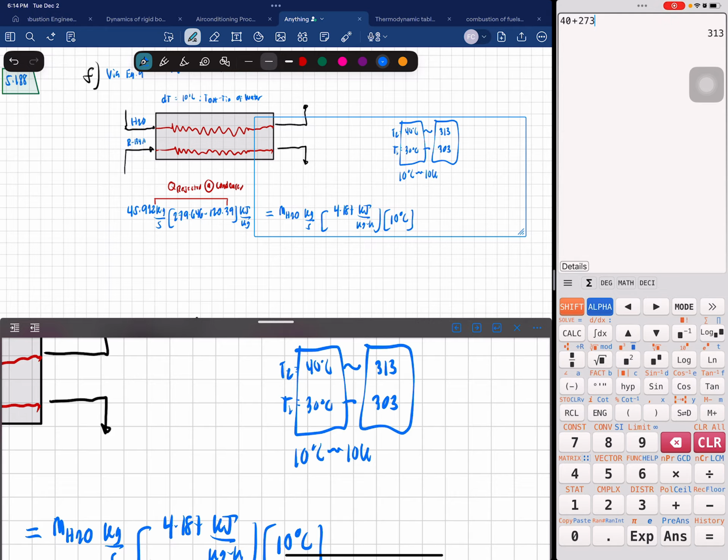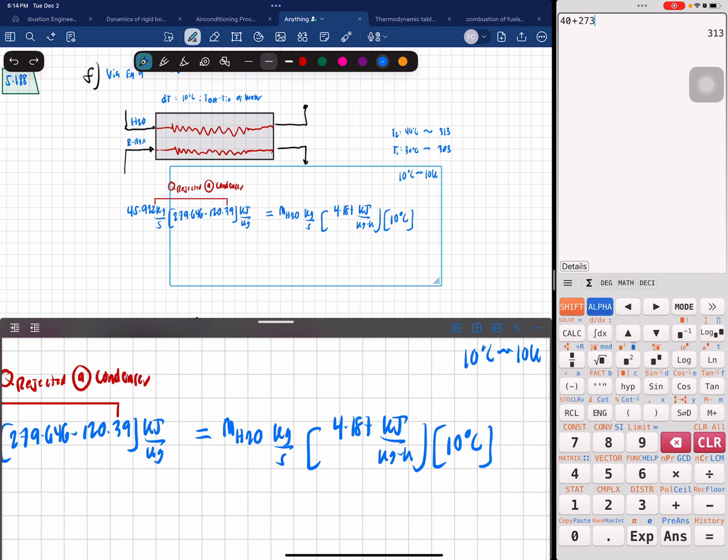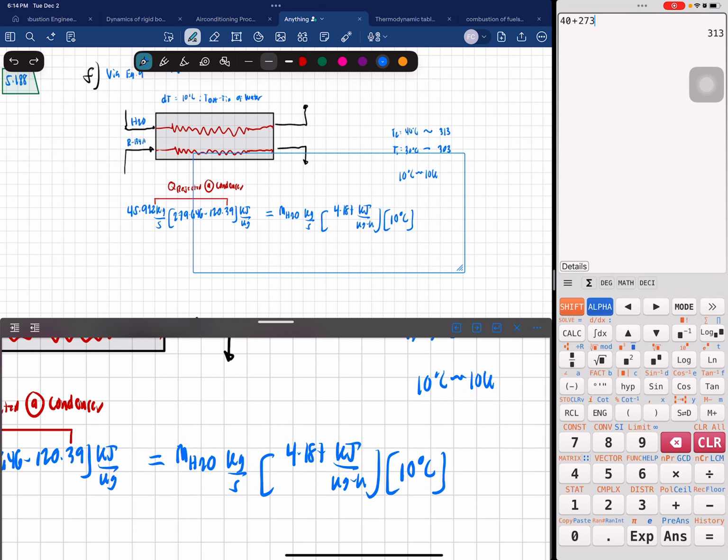It's still gonna be 10. So again, this is your heat absorbed by water. That's why it had a temperature rise of 10 degrees Celsius.